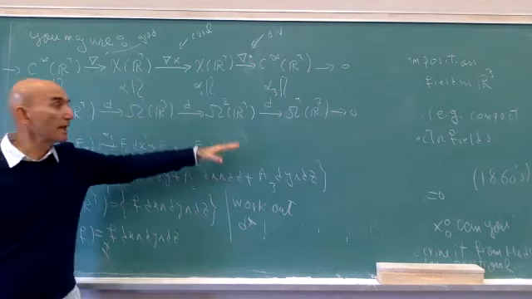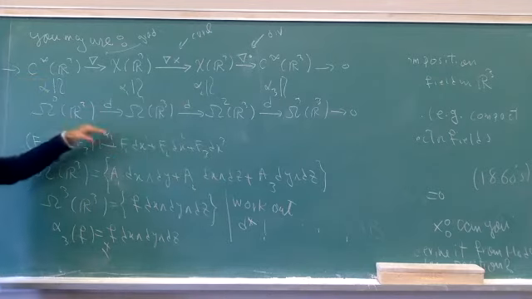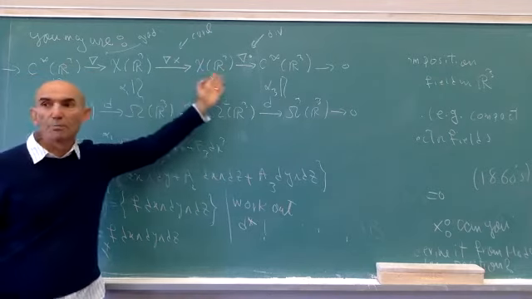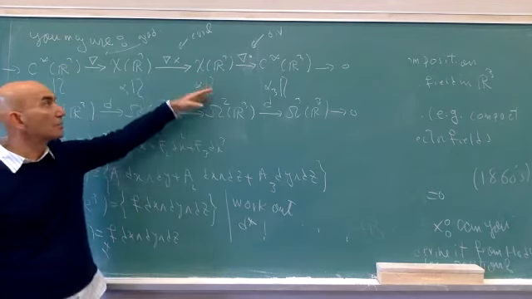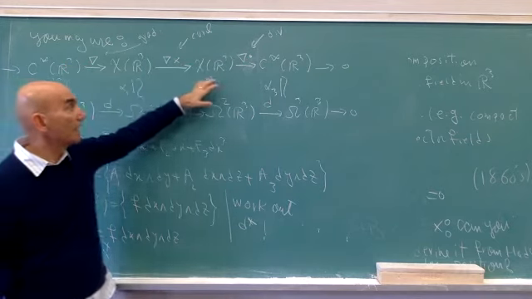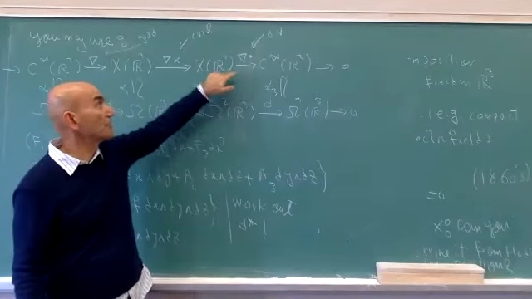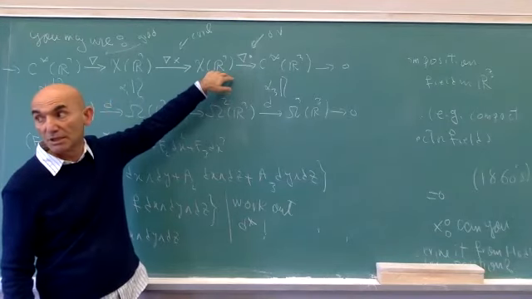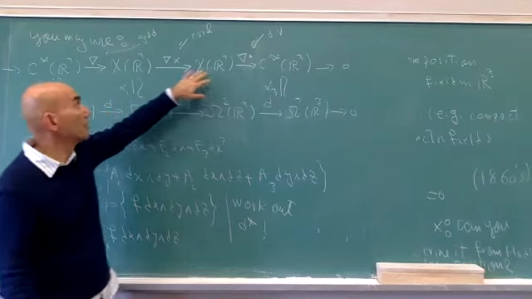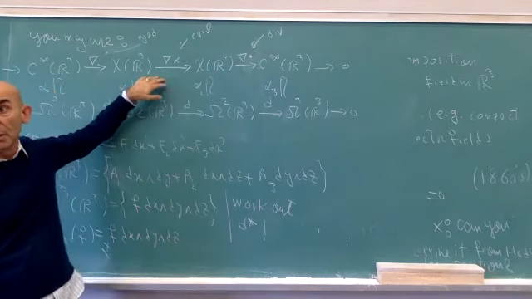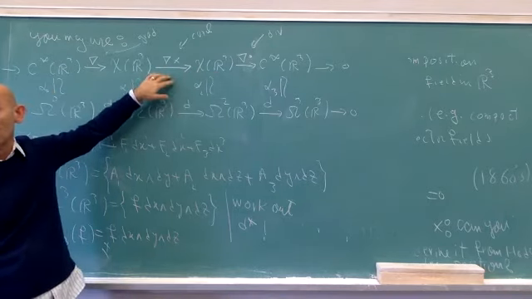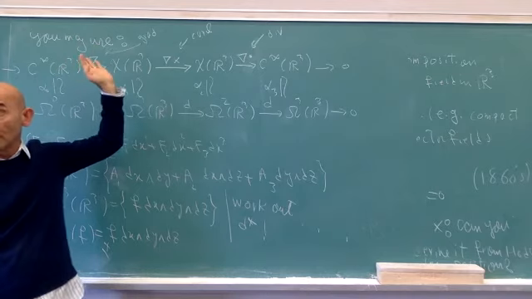This complex is acyclic except in dimension 0. So it follows that this upper complex is also acyclic. So that's why we tell the students that if divergence of the vector field is 0, then that vector field is going to be curl of another vector field. Or if curl of a vector field is 0, that's going to be gradient of another vector.